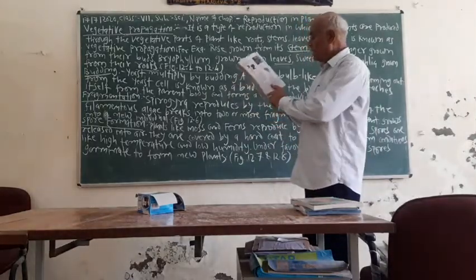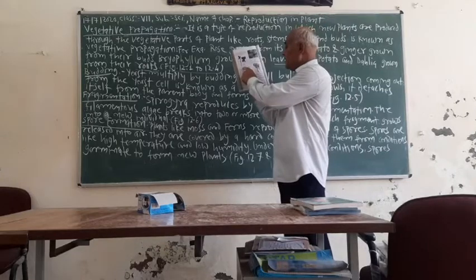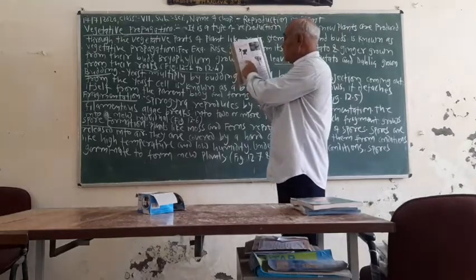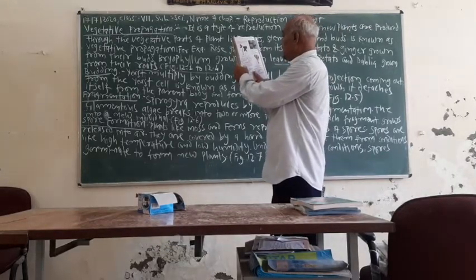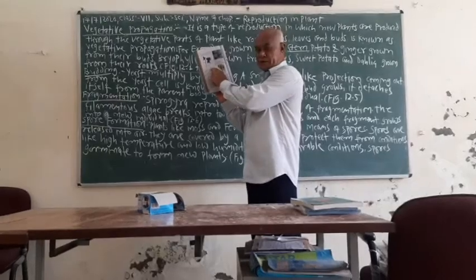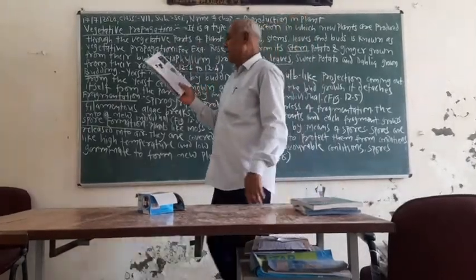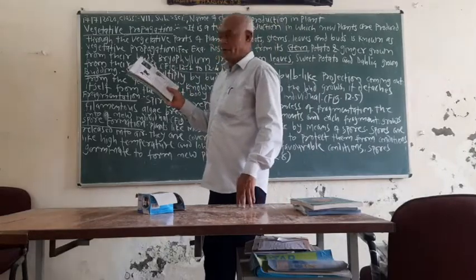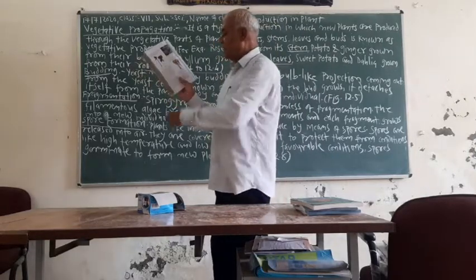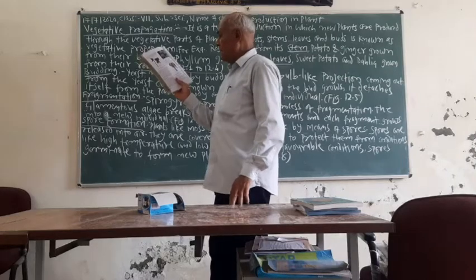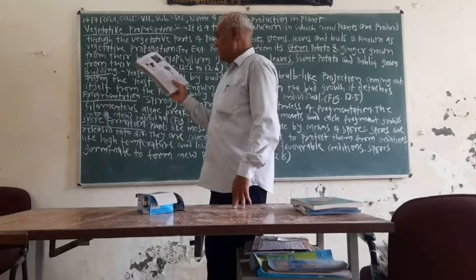On page 134, figure 12.1 shows a stem cutting of rose, how the rose is reproduced. New plants of rose obtained from the cutting are given in figure 12.1.